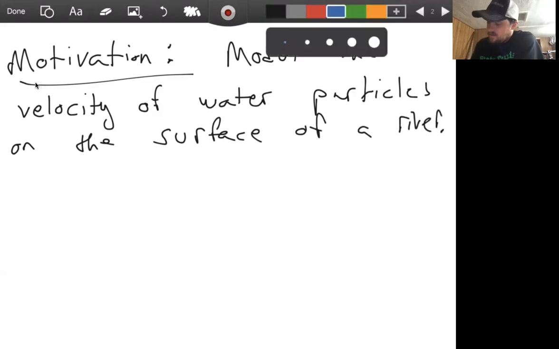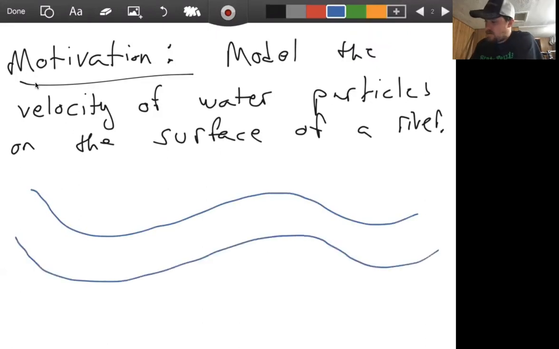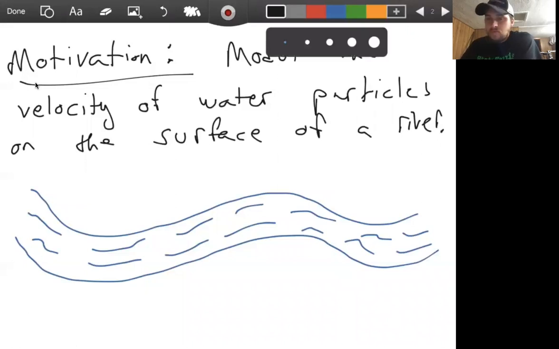Okay, and so let's use blue. Say here's the river. Okay, and we have water running down this river, right? And we want to model the velocity of the water particles.